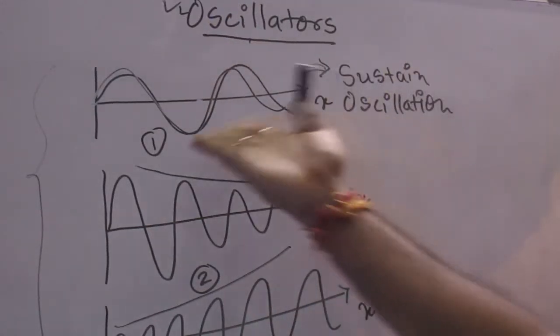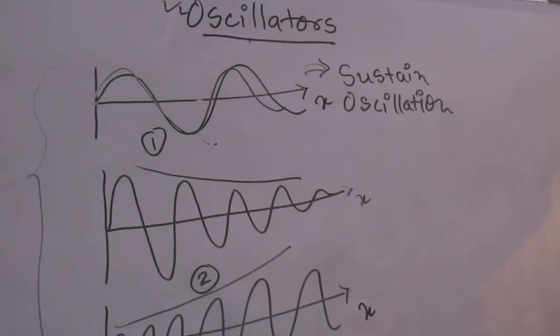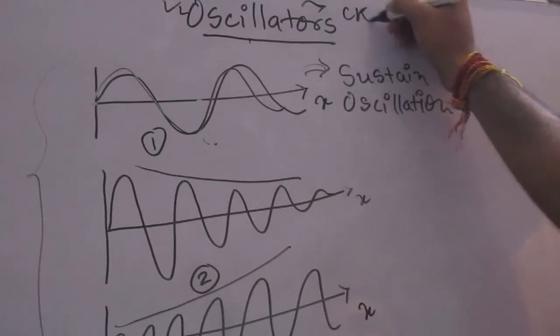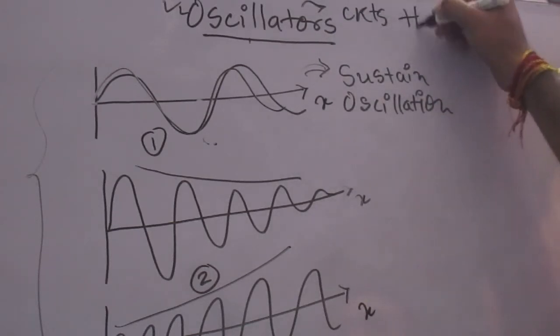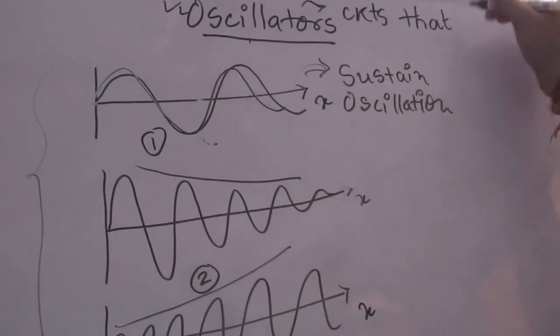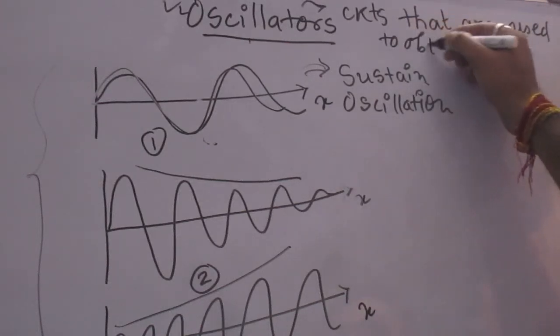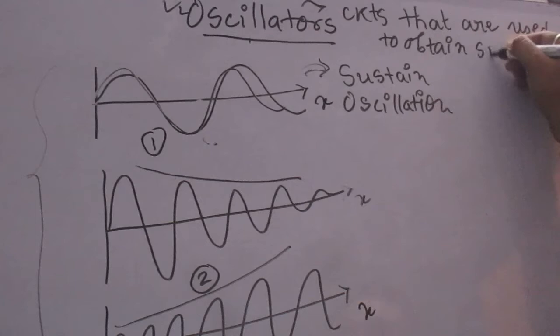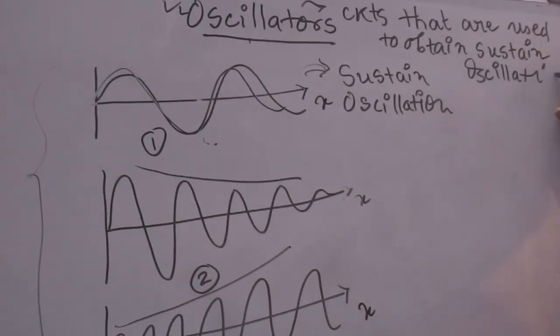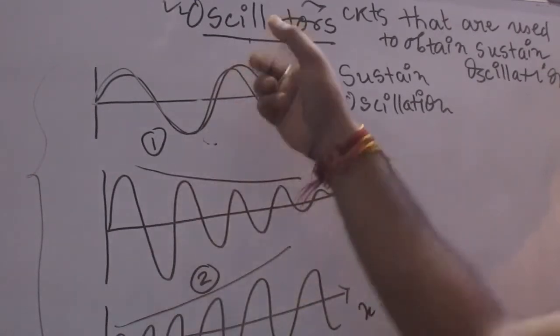Oscillators are the circuits that are used to obtain sustained oscillation. Okay, so this is the oscillator.